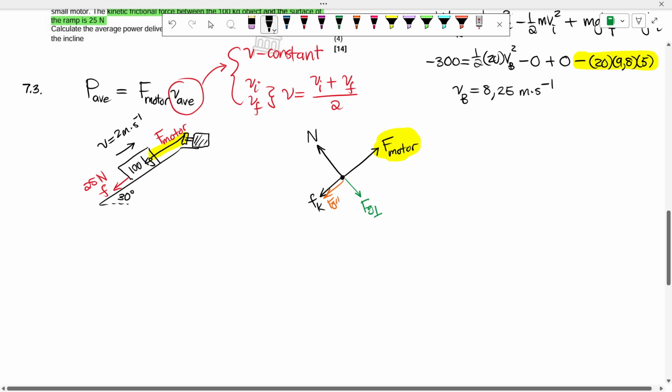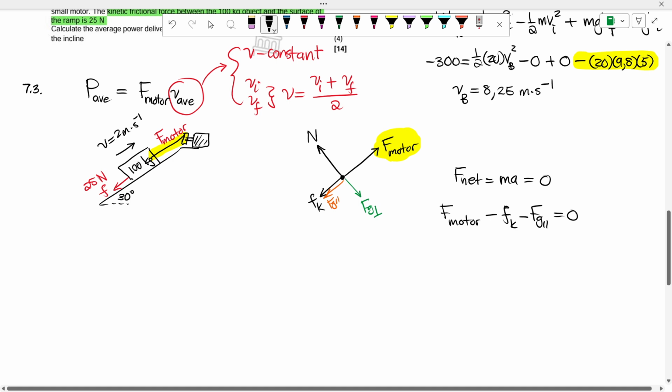Okay, so I'll say F net is equal to MA, but because of constant velocity, A is 0, making F net equal to 0. Therefore, I have F motor, and then I'll just subtract these other ones because they are going in the negative direction. F motor minus FK minus FG parallel is equal to 0.